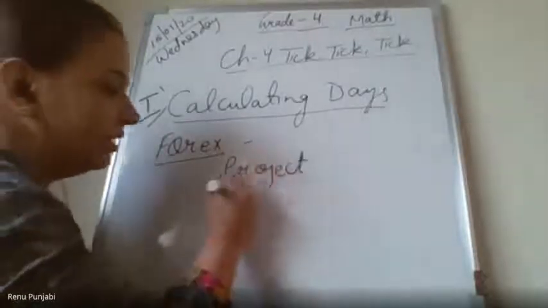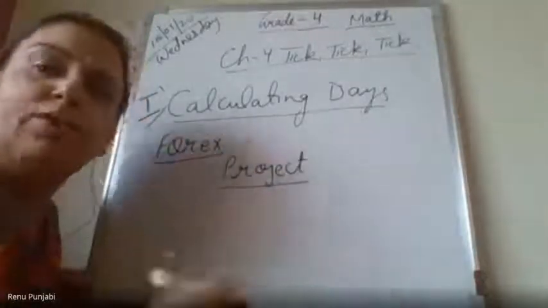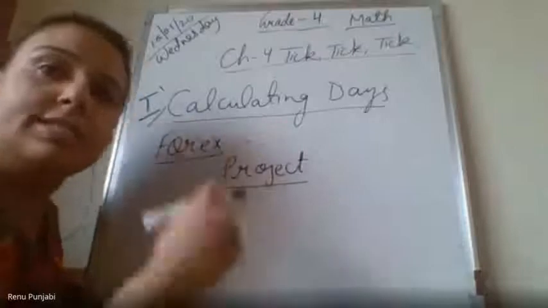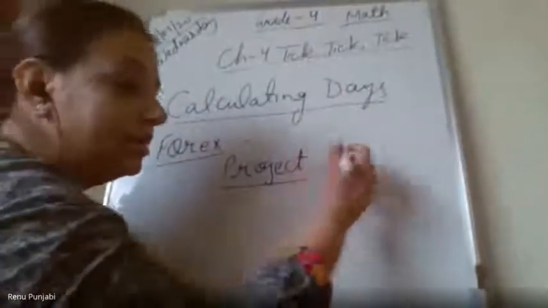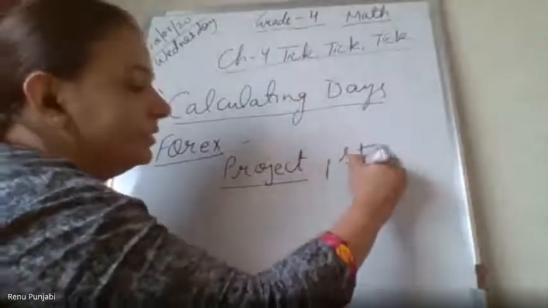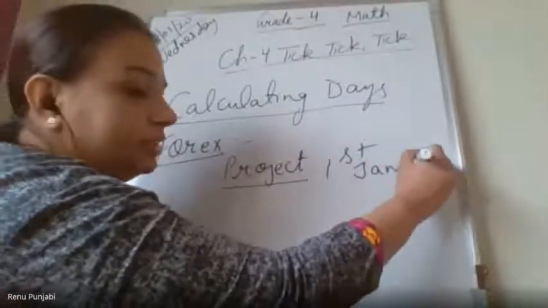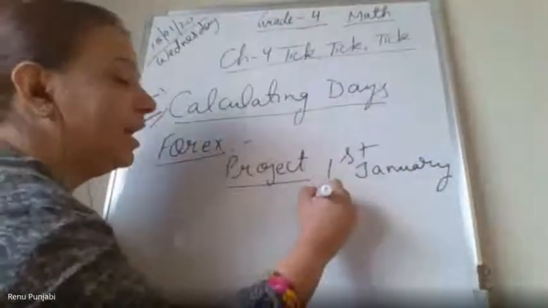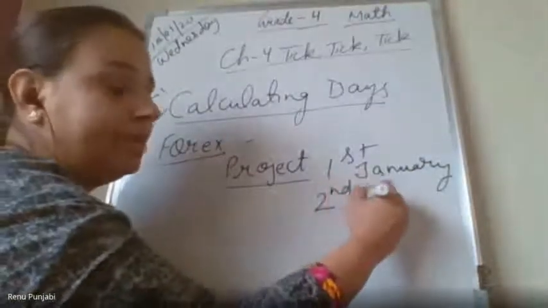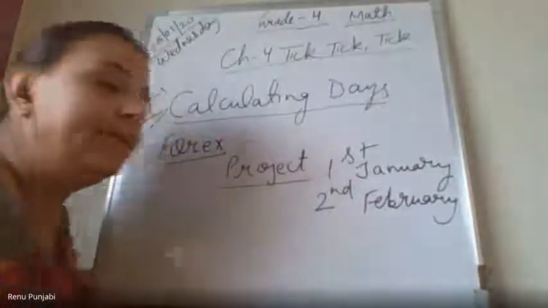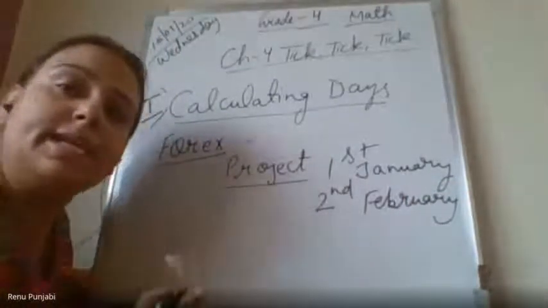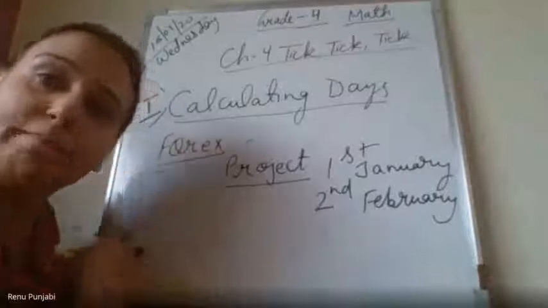Project means to complete something: my work, my homework, my charts, anything. So I started my project on 1st January and ended on 2nd February. Now I need to count how many days my project has taken to complete.